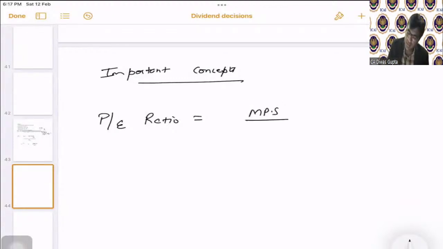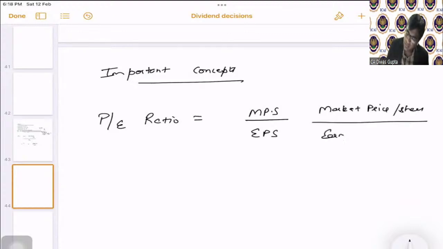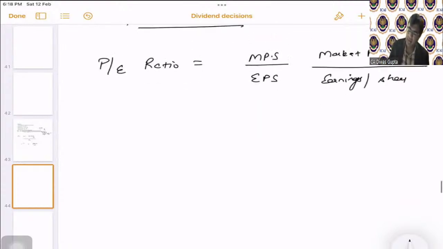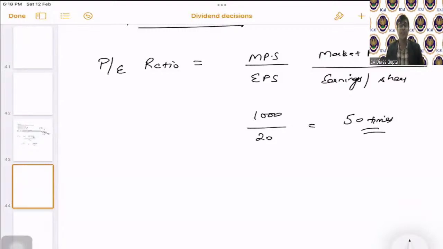Market price per share divided by earnings per share. Simple. Now, for example, there is a market price of 1,000 rupees and earnings of 20 rupees. So that means we say that the PE multiple is 50 times. That means the value of that company is 50 times what it earns in a single year.